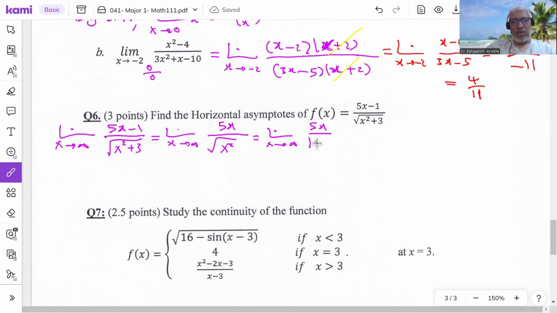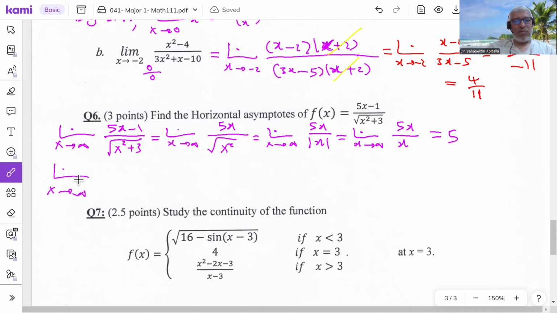We should know that it is the absolute value of x. But when x approaches infinity, x is a positive number and the absolute value of x is equal to x. x cancels with x and the limit is 5.